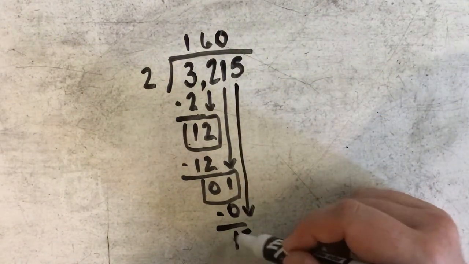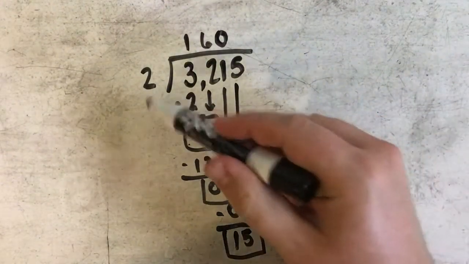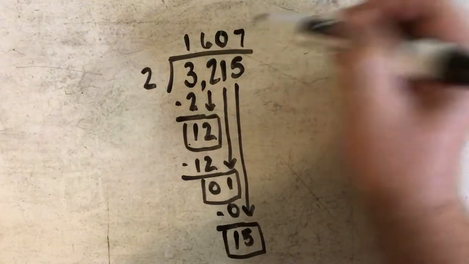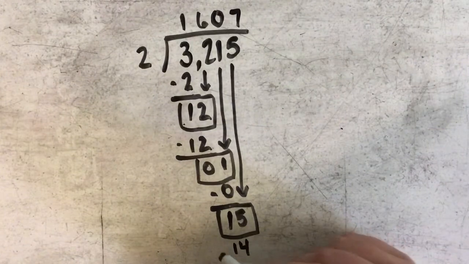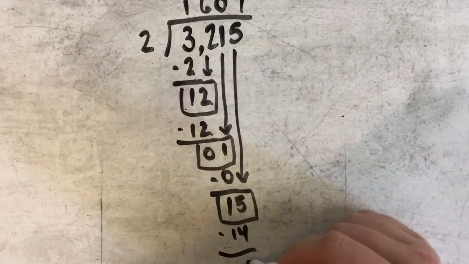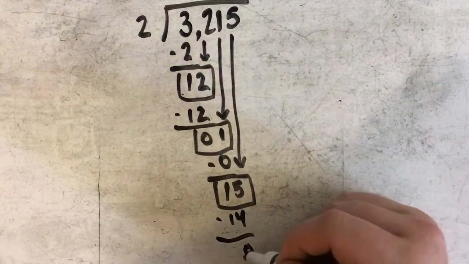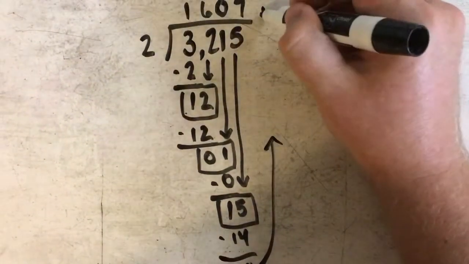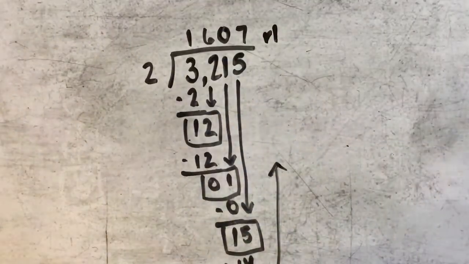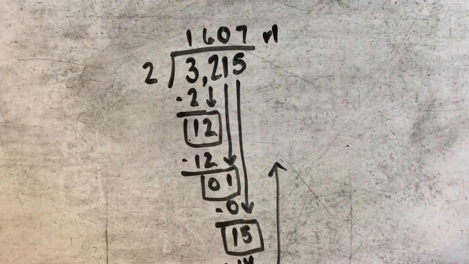And then I'm going to finish the problem with my 15. 2 divides 15 7 times. 7 times 2 is 14. And when I subtract, there's 1 left over, and that is my remainder. 1,607, remainder 1.